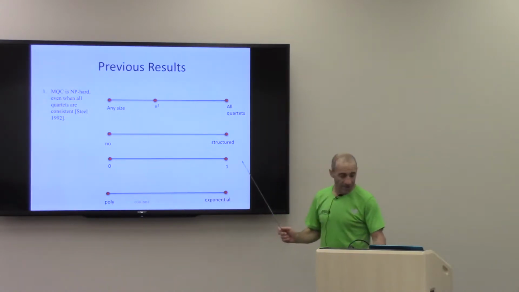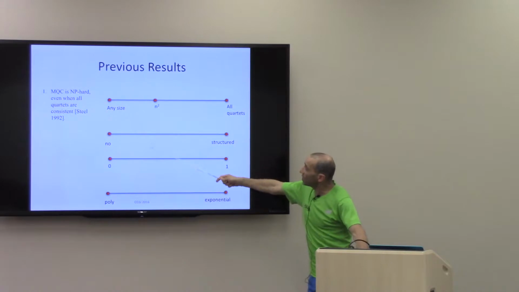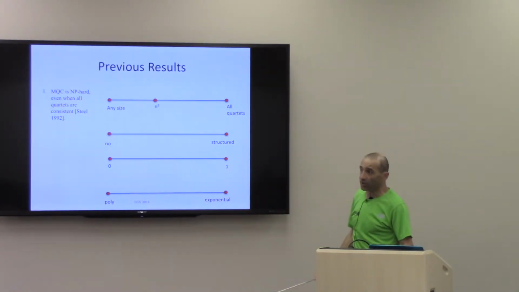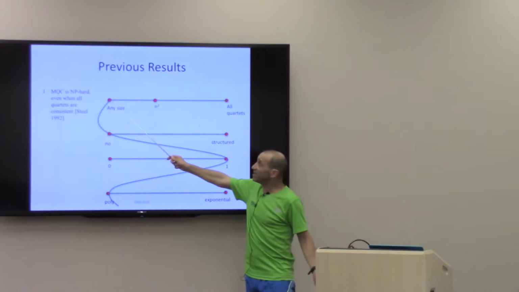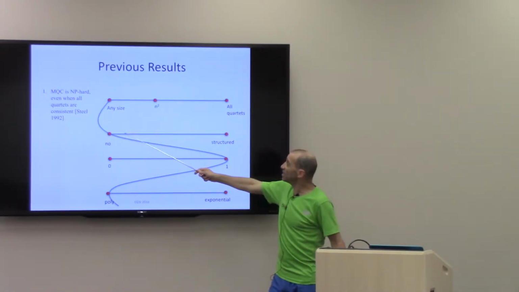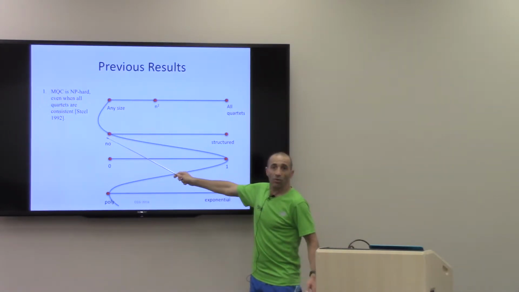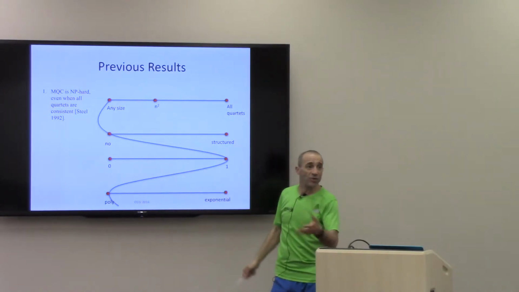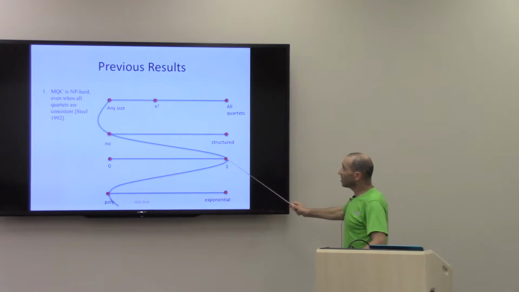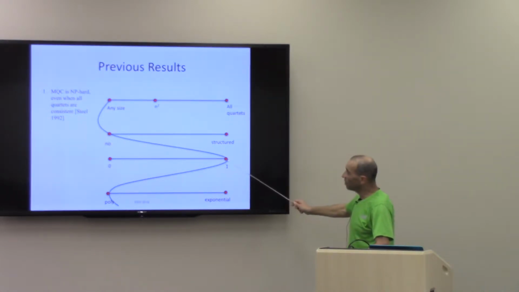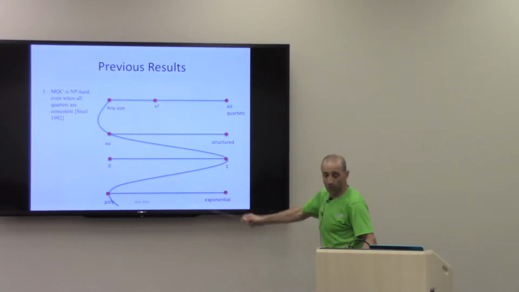So where does that stand in our problem dimensions? For any size and no structure, we cannot assume any structure, and we will not find the exact solution in polynomial time.